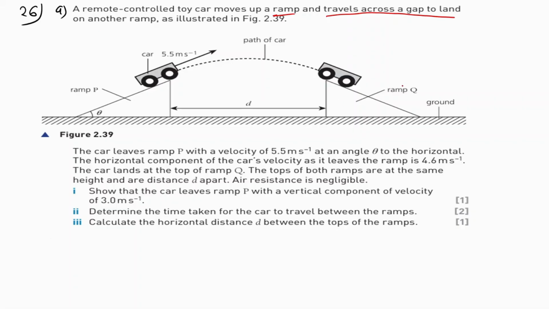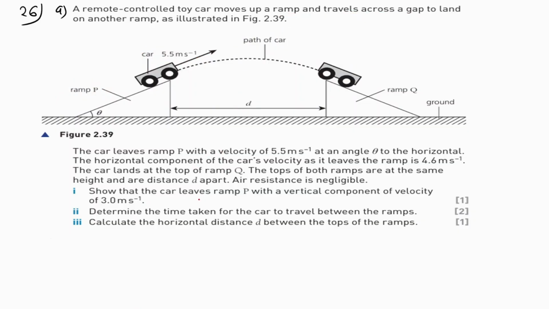They show us another ramp Q, and the first ramp is P, at an angle of theta. The car's initial speed is 5.5 meters per second, and this dotted line shows the path, or trajectory, of the car. And the distance between these two ramps is d.